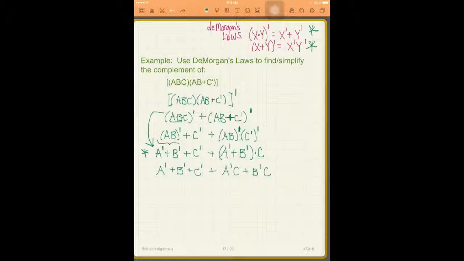There is no more use of De Morgan's law, so you are finished using De Morgan's law to find the complement. Now if you wanted to finish by trying to simplify, you could simplify further. You would just look for terms that you can group. If I have A complement here and here, I could use the distributive property to factor it out.